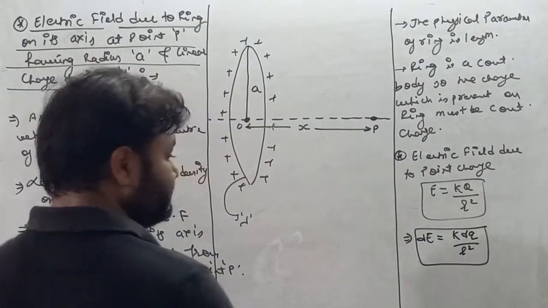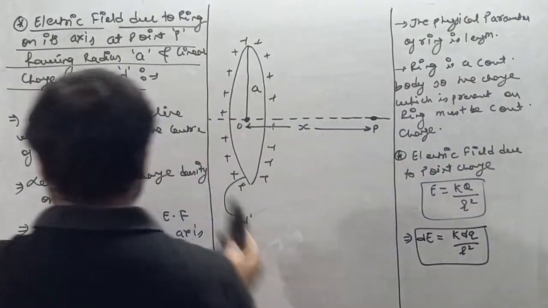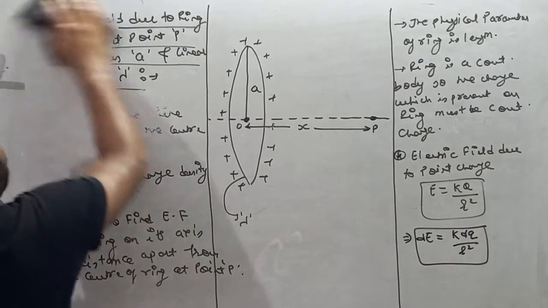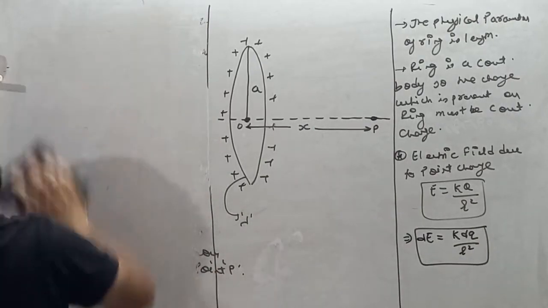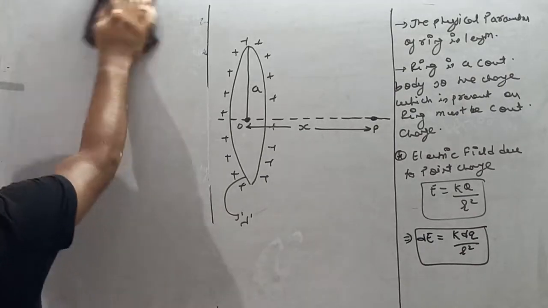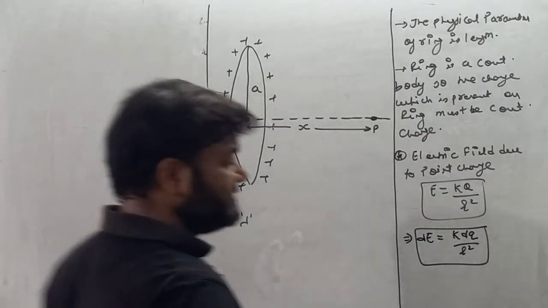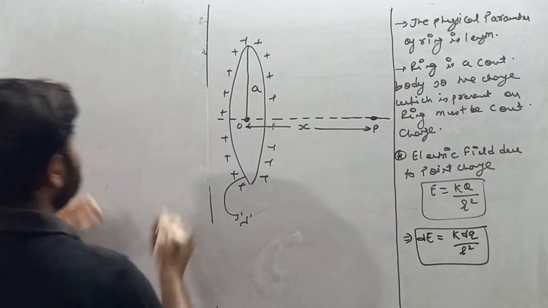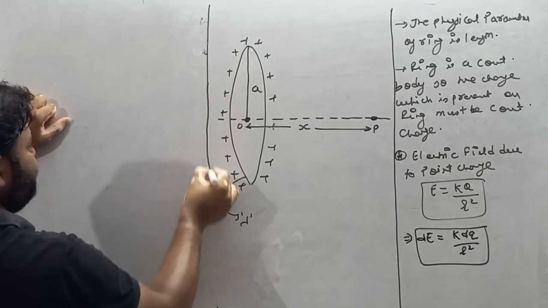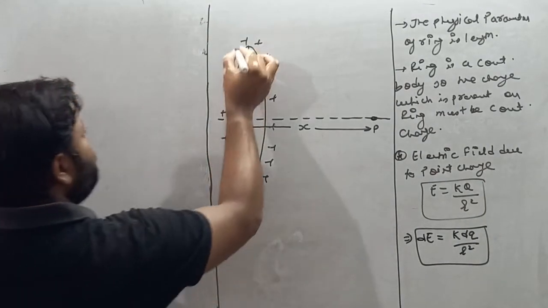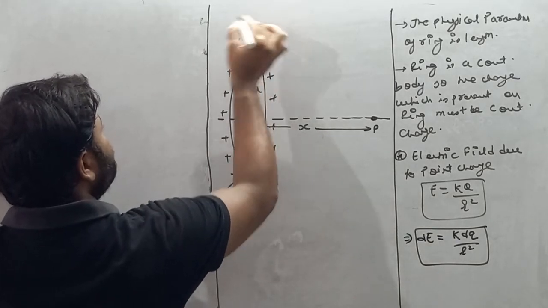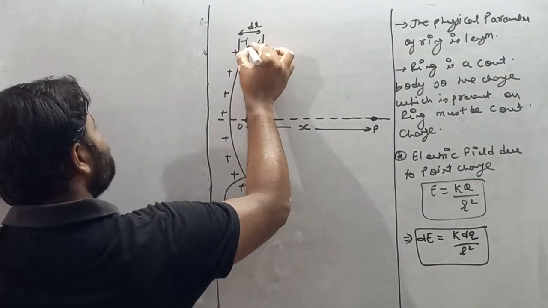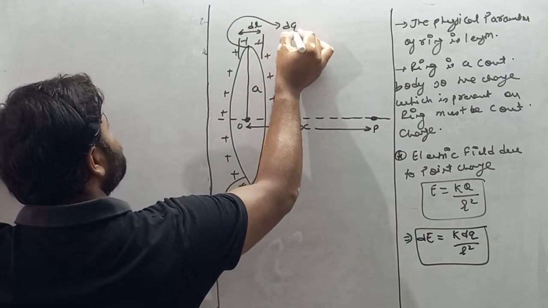So what we have to do, my dear student, we'll consider a small length, because ring carries charge on its length, and the charge which is present on ring must be on its length. So I'll take here a very small length, let's suppose dl, in which dq charge is present.